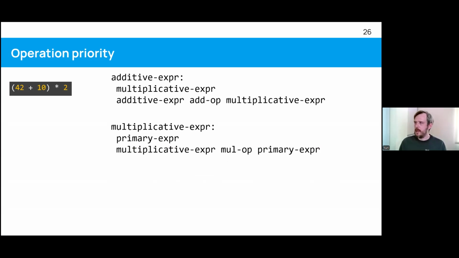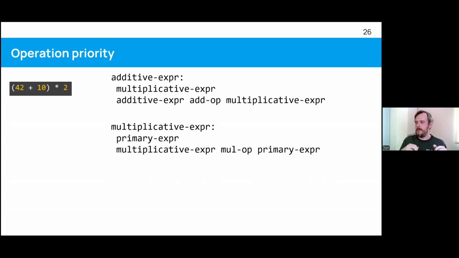So before, when we did not have those parentheses here, we had this additive expression at the top, and it had 42 and a multiplication. But now we do have parentheses. And so what's written here is going to be a multiplicative expression at the top, and its left operand will be this addition, because parentheses change operation priority.